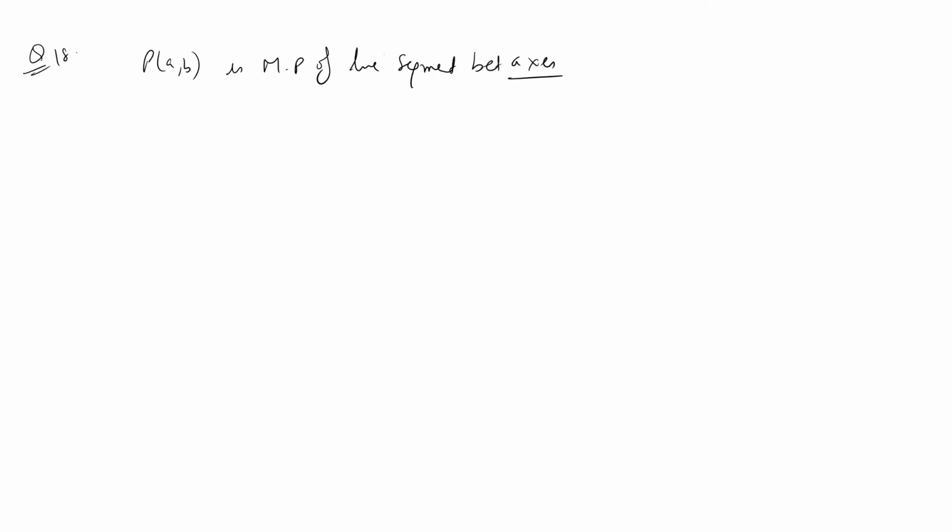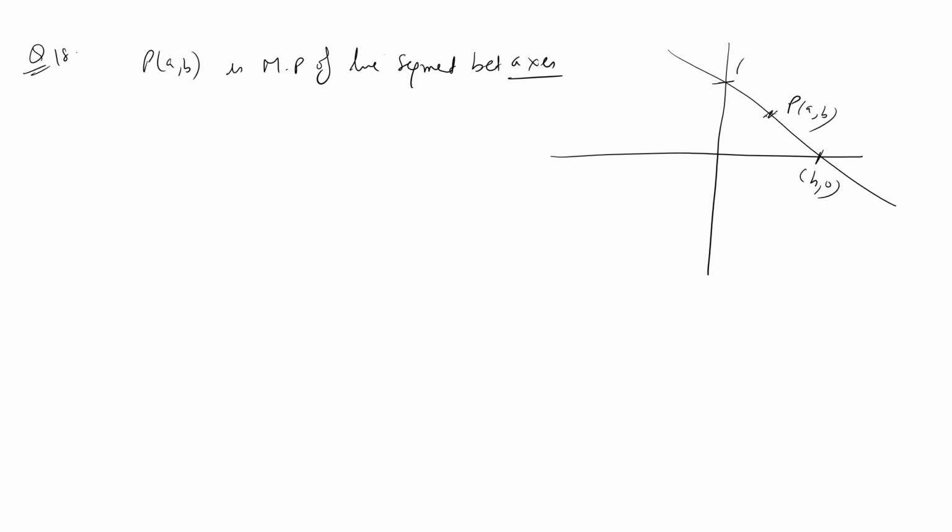Axes means x-axis and y-axis both. So here we are supposed to take the intercept form, but since P is the midpoint, I will not take the intercepts as a and b. So I take them as h, 0 and 0, k.